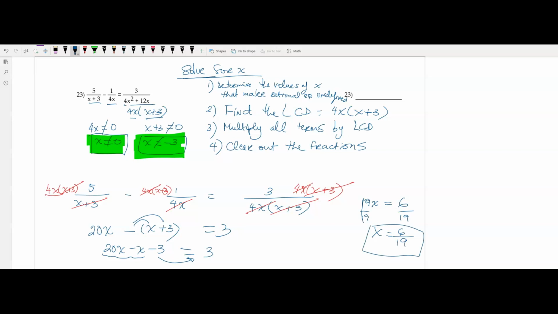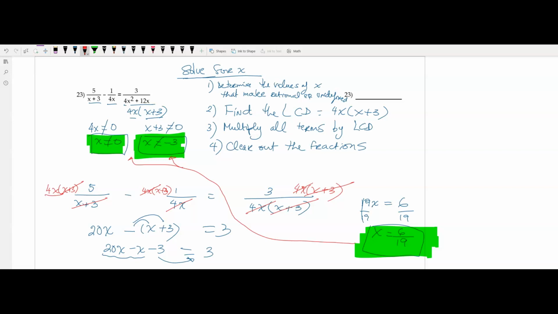Okay, so especially with a rational expression, you have to make sure that this value here does not match any of those two values here. Okay? And it doesn't in this case.